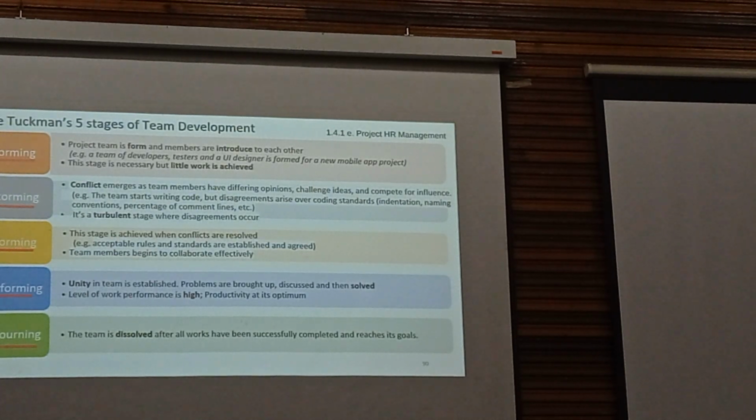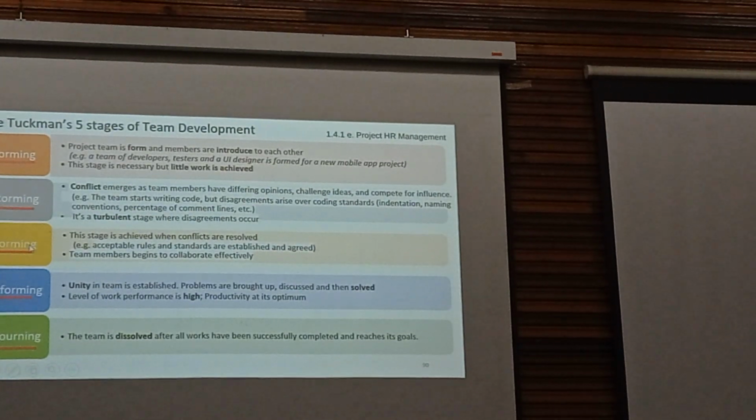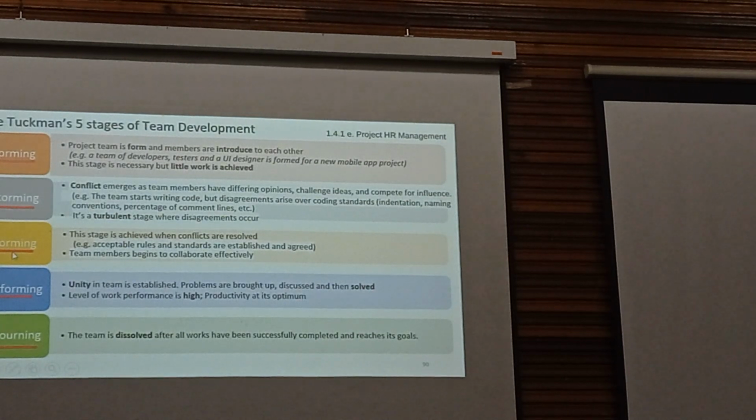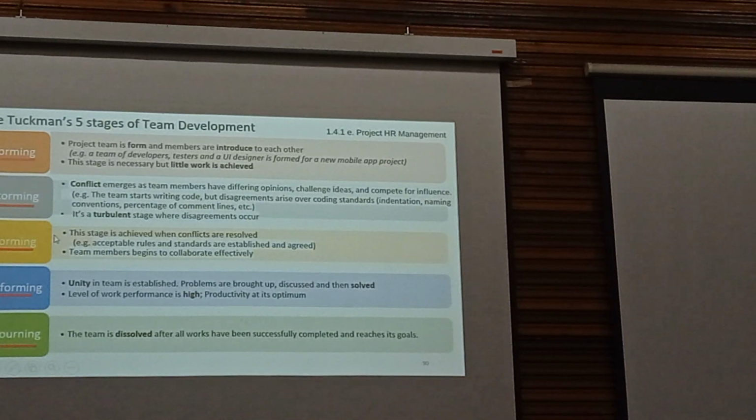So when working as a group, when you start working, disagreements do occur, correct? Okay. To move on to the next stage, called norming, the conflict must be resolved. Only when conflict is resolved can you move on to the next stage. You can only achieve this stage when conflicts are resolved.